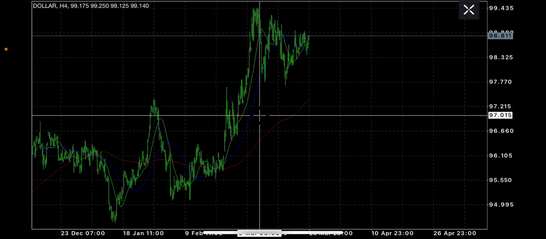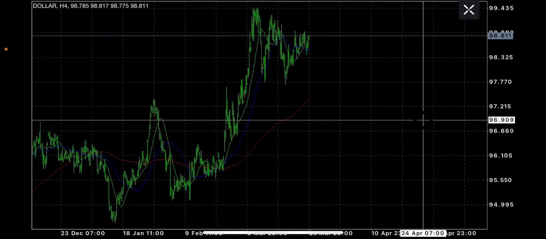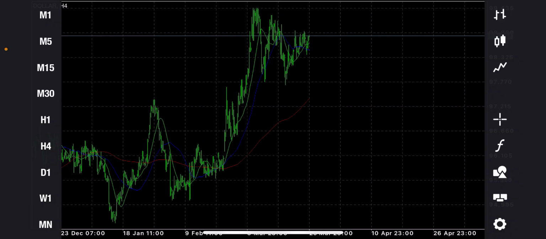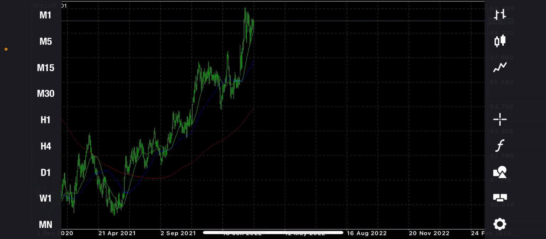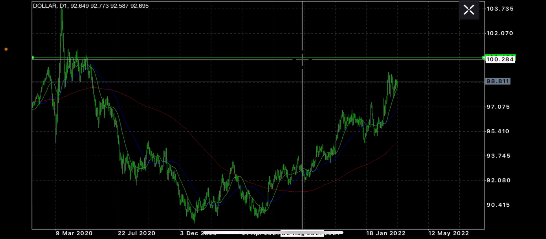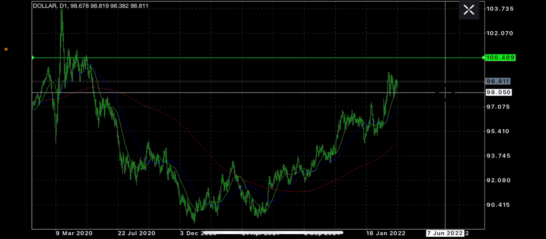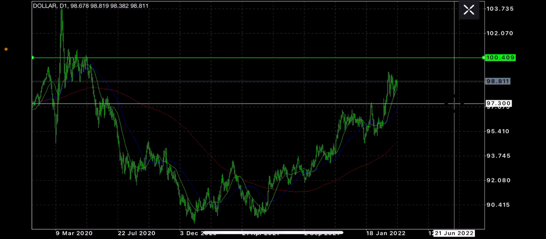So we can get as high as this area here, here, or even here, before we start to see price turn over on the chart with the US dollar.